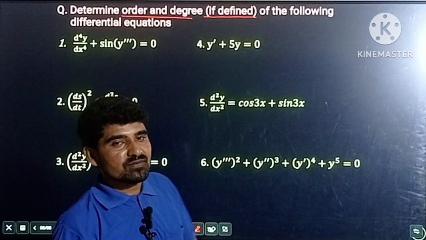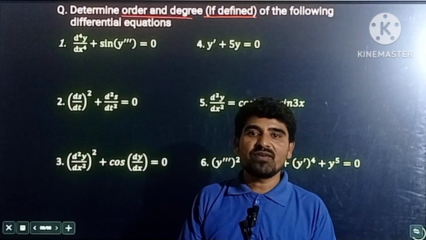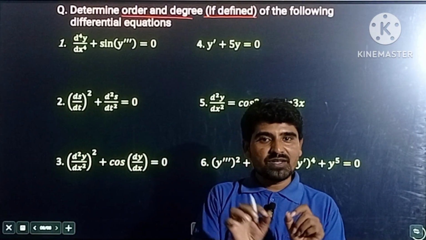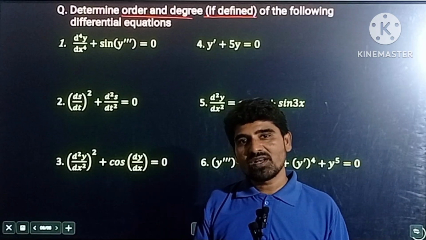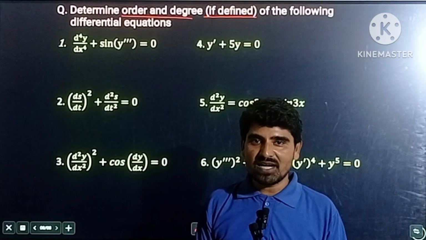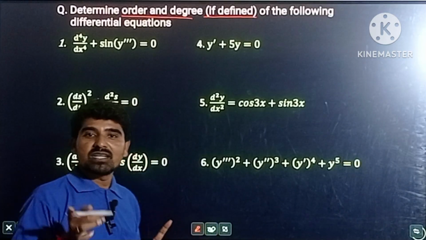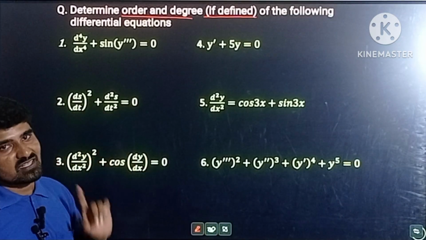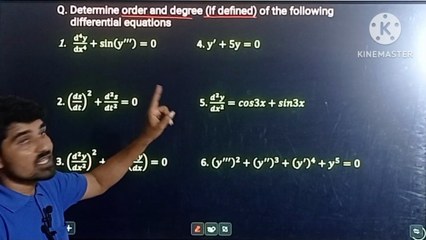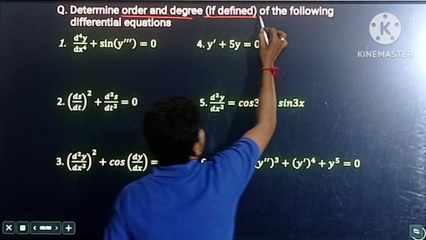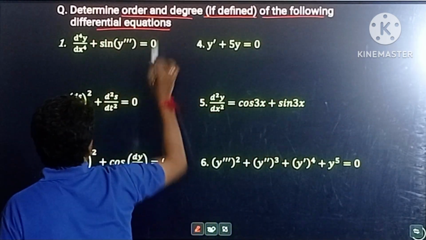It means the degree of certain differential equations may or may not be defined. If the differential equation is polynomial in derivative, then its degree is defined. If not, the degree is not defined. That's why he has given in brackets "if defined".